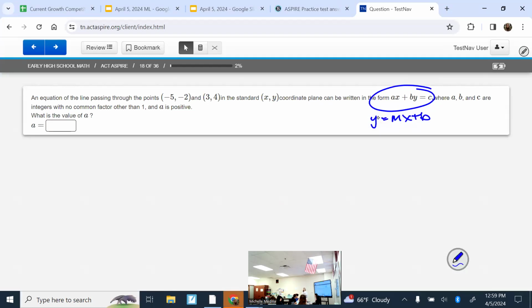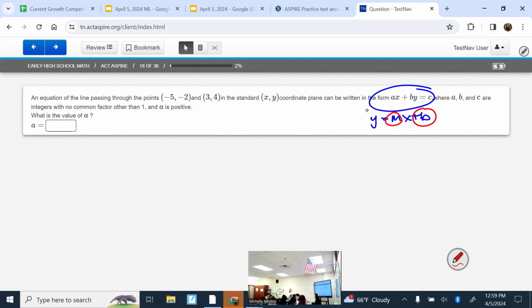In y equals mx plus b, what do I need to identify? The slope and the y-intercept. Okay, good. So from 2 coordinates, I skipped reading it.